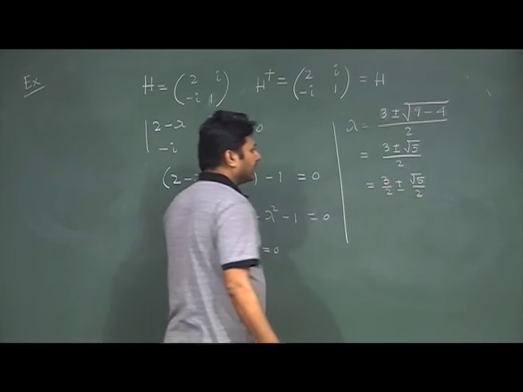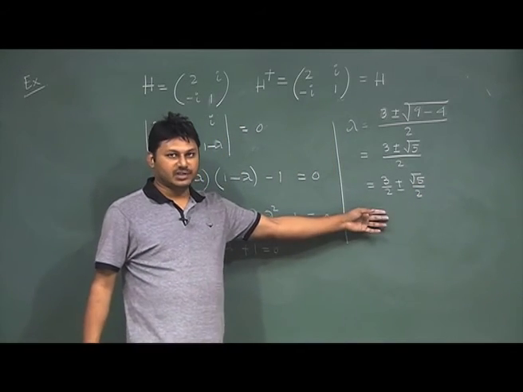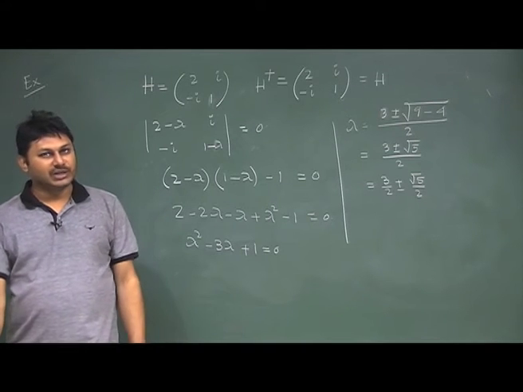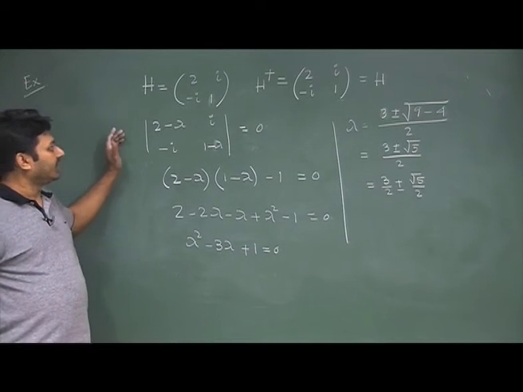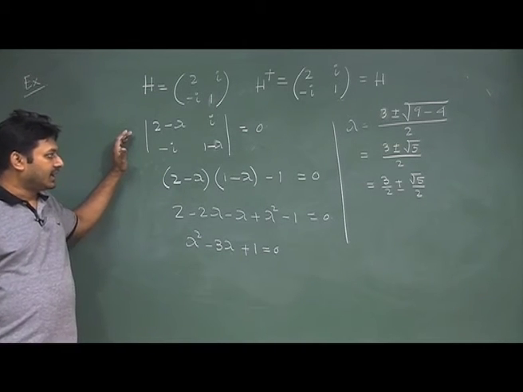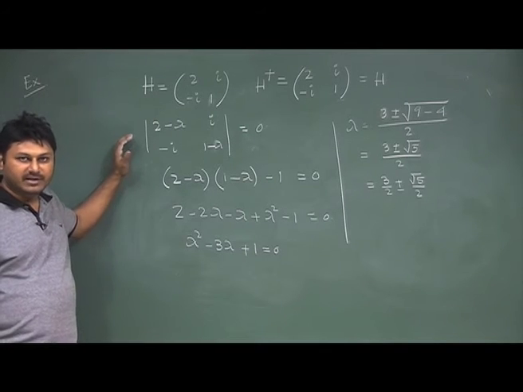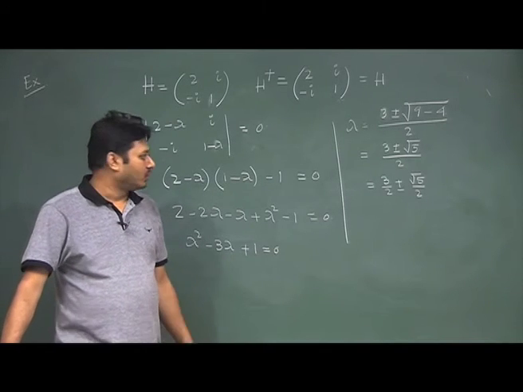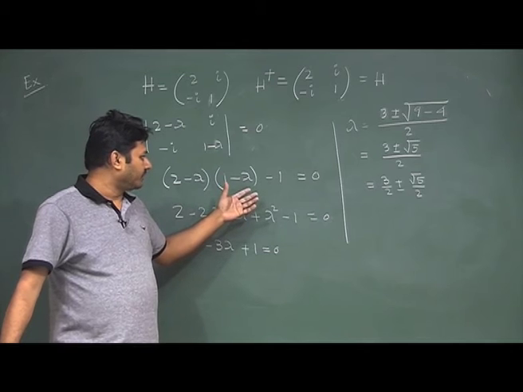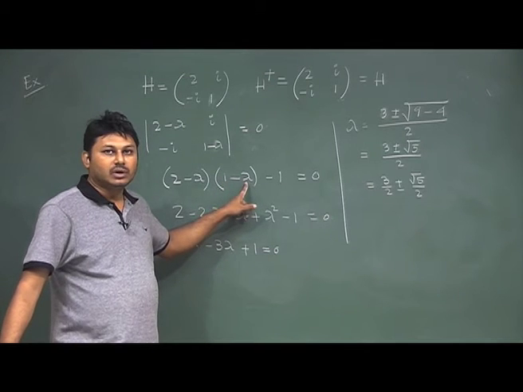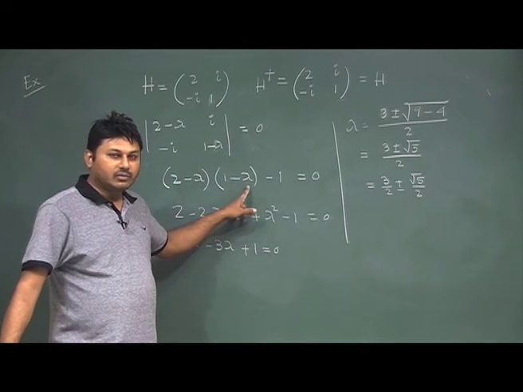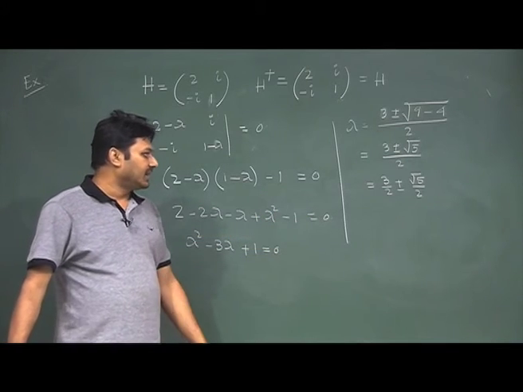But the thing is that this quantity is real. So, just a simple check: I take any arbitrary Hermitian matrix, try to find the eigenvalue, and when I find the eigenvalue, it comes out to be real as expected.